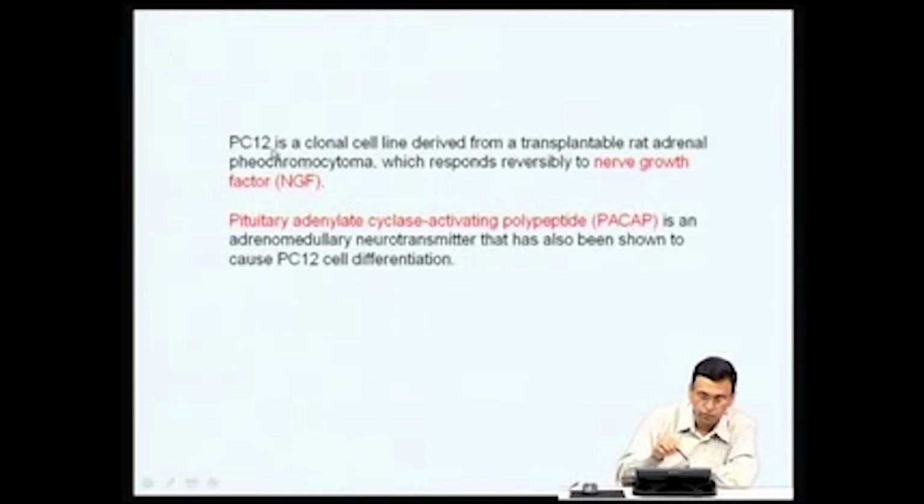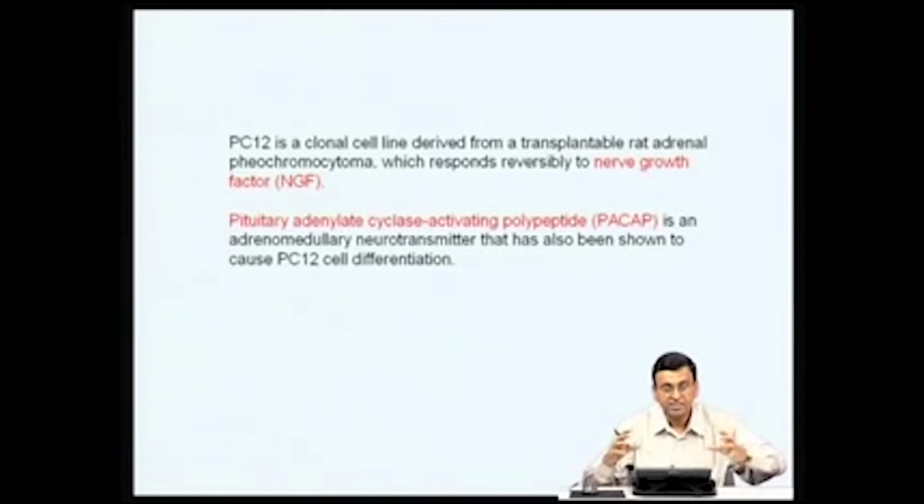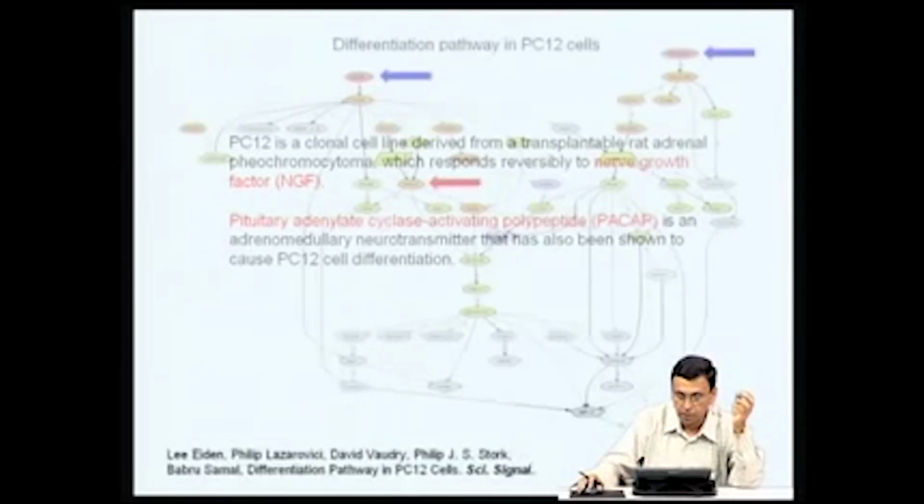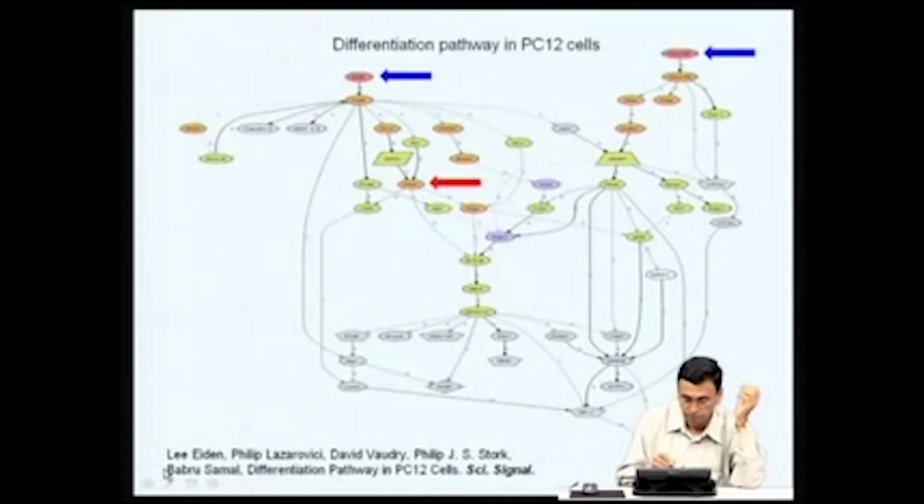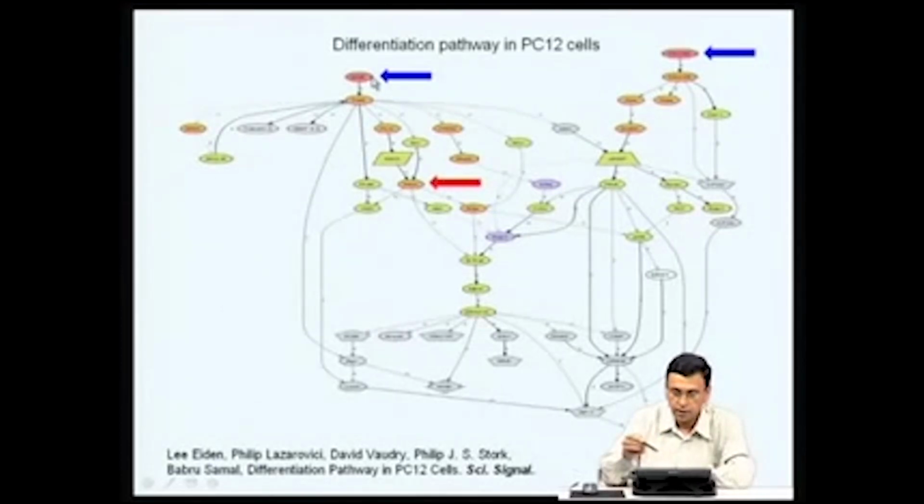In addition to nerve growth factor, another important effector molecule called pituitary adenylate cyclase activating polypeptide, PACAP, an adrenomedullary neurotransmitter, has also been shown to cause PC12 differentiation. The mechanism by which both NGF as well as PACAP activate this differentiation program of PC12 has been very well worked out and is summarized in this cartoon taken from the Science Signaling website. You can see the nerve growth factor and the PACAP, shown in the blue arrows here, activate two distinct signal transduction pathways which converge.